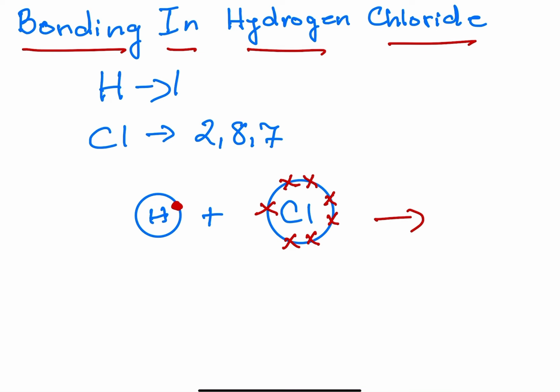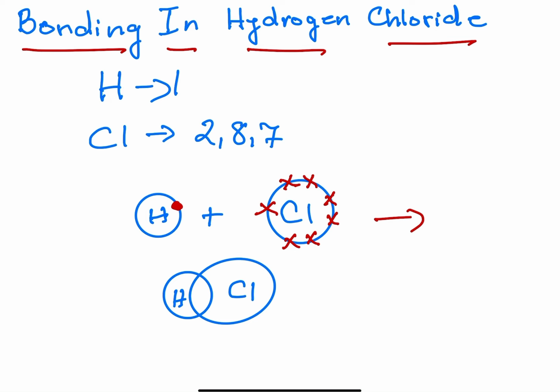When they come together, we all know that covalent bonding takes place by sharing of electrons. So let us see how they share the electrons and come together to form a bond. This is hydrogen and this is chlorine.